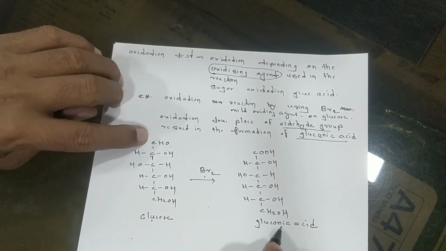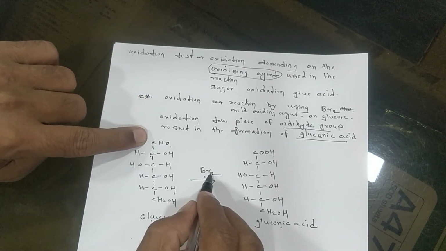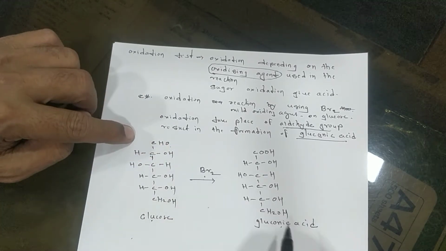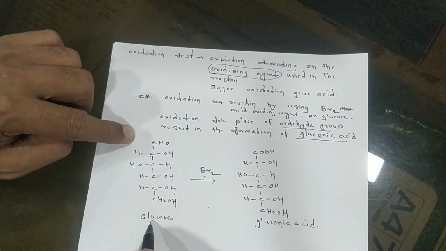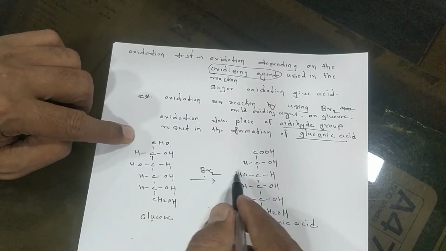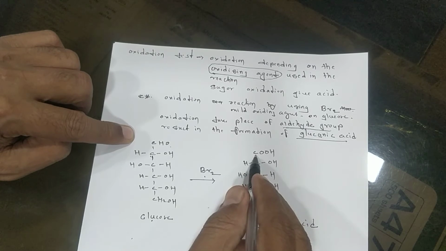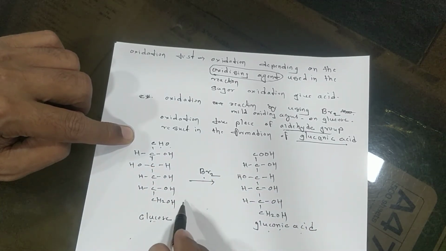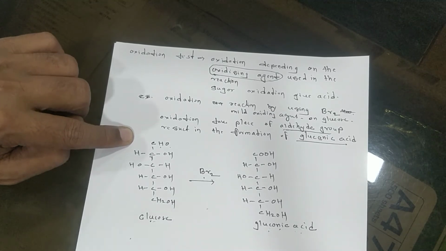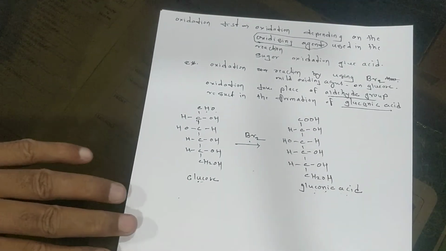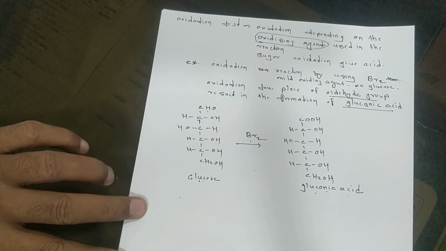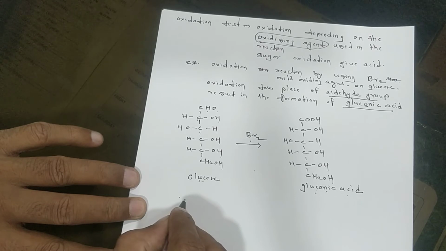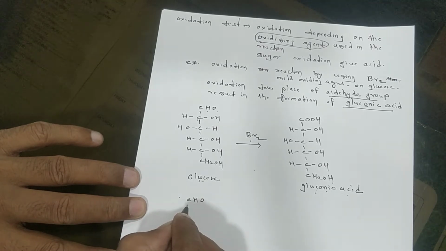The changes take place in the aldehyde group, depending on the oxidizing agent, and all the sugars give acids. Glucose reacts with bromine, a mild oxidizing agent; the change takes place in the aldehyde group and gives gluconic acid. Okay. Now the second oxidizing agent.